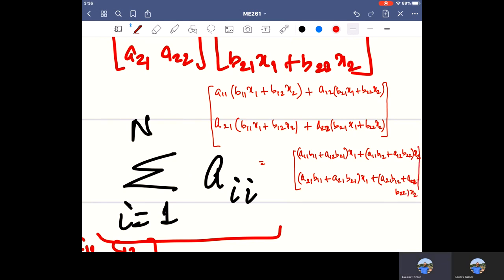Now we take the task of separating them again into one vector and a matrix.